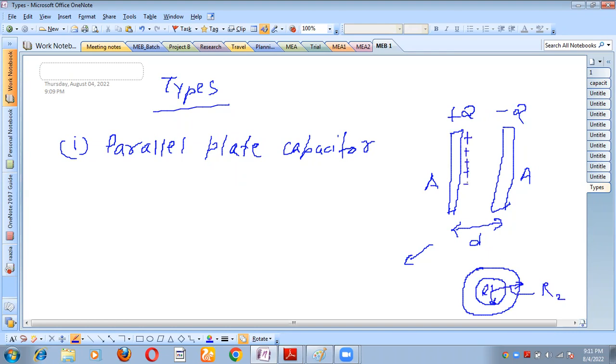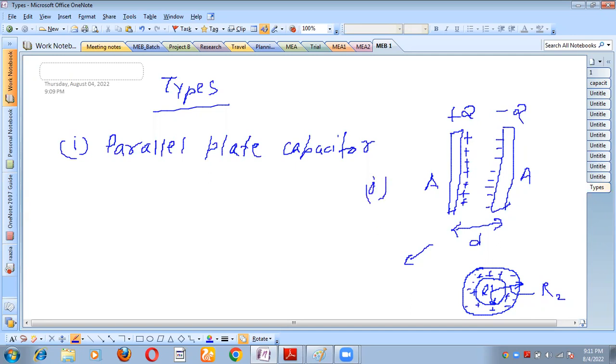So charges on the plates must be equal and opposite. That is the thing. So it is not mandatory that the plates are square or rectangle. They may be spherical or cylindrical.